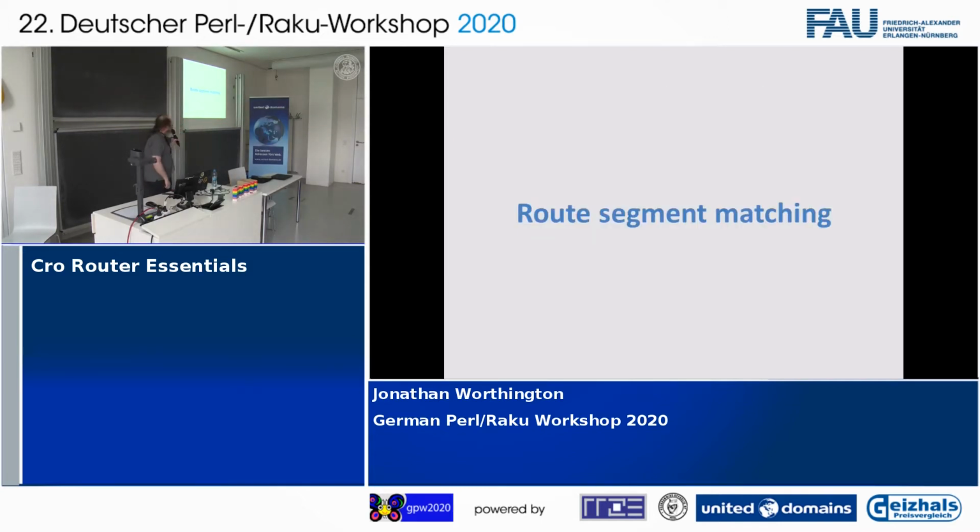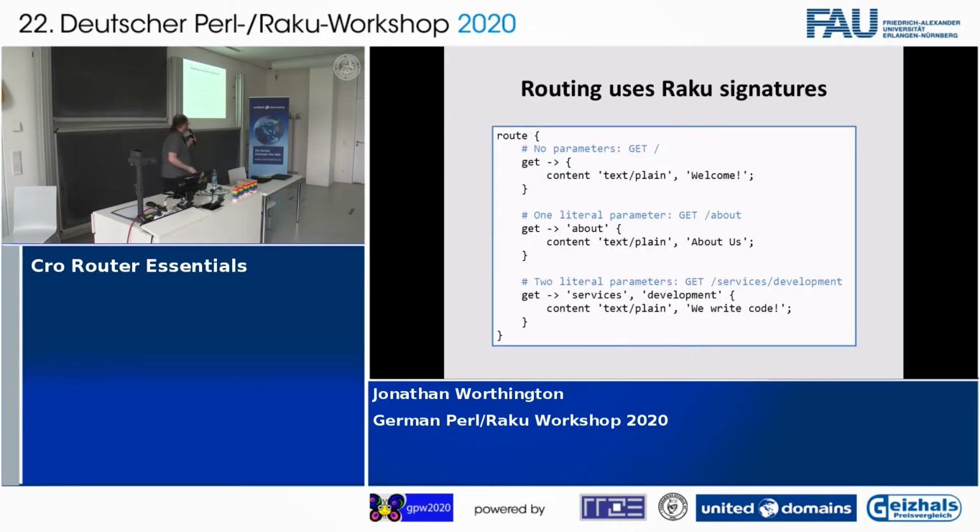All right, so let's take a look at how we actually use the router. So first of all, segment matching. Here we can see a few examples. These are all routes where things are static. So for example, if I do get slash, here I say get. This little arrow here you can read as lambda if that makes you happy.